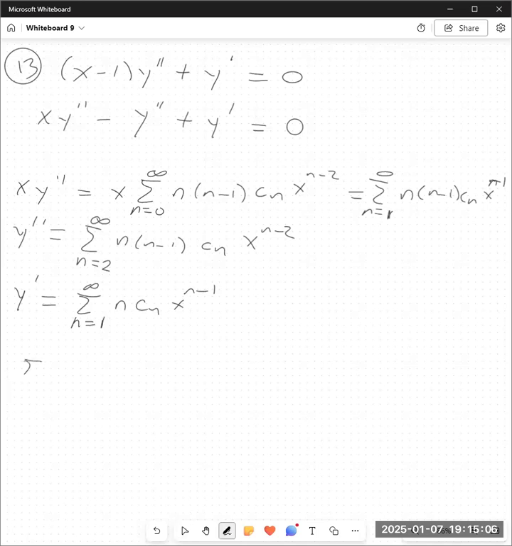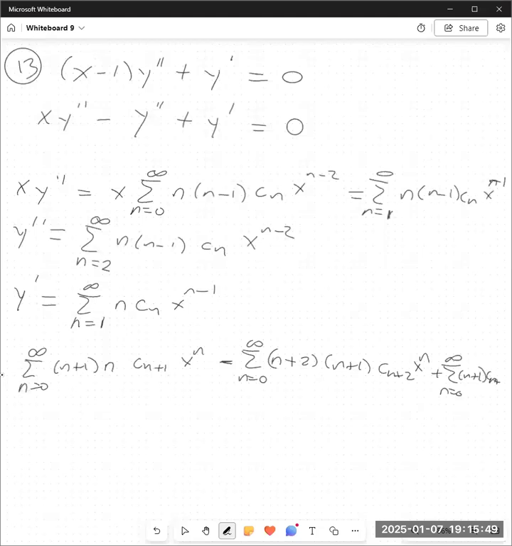So my first one here is going to be the sum from n equals 0 to infinity of (n plus 1) n c_{n+1} x^n, then it's minus the sum from n equals 0 to infinity of (n plus 2)(n plus 1) c_{n+2} x^n, plus the sum from n equals 0 to infinity of (n plus 1) c_{n+1}.